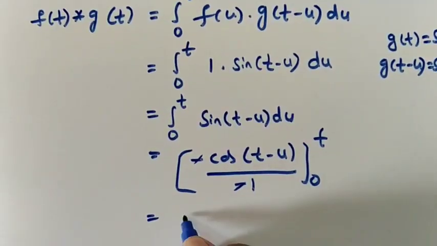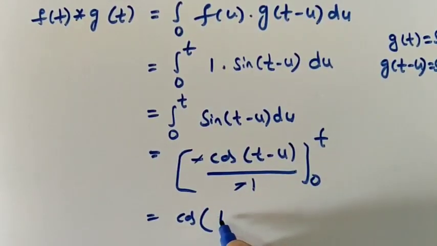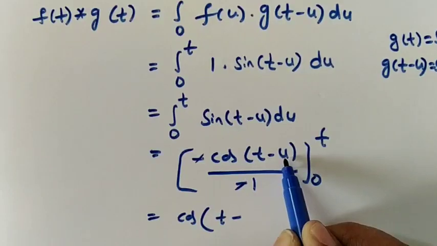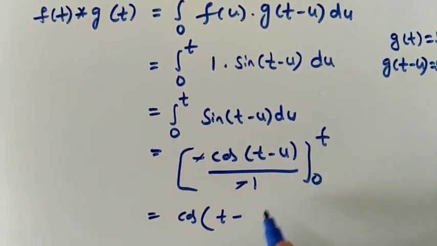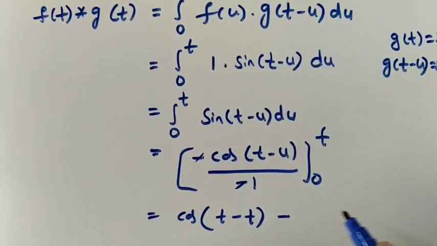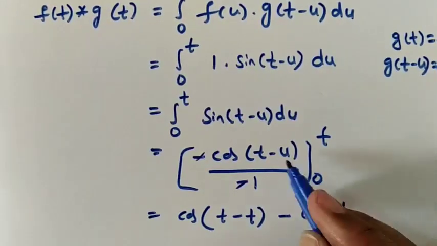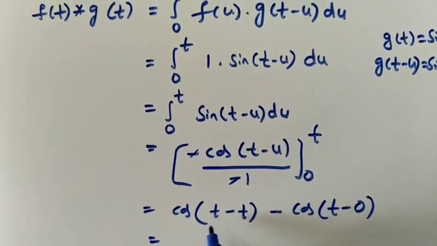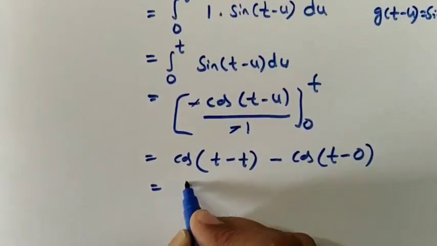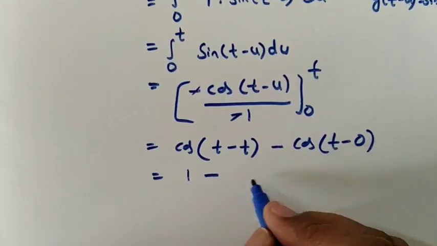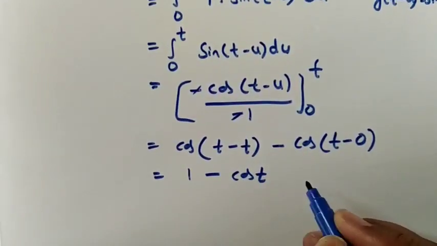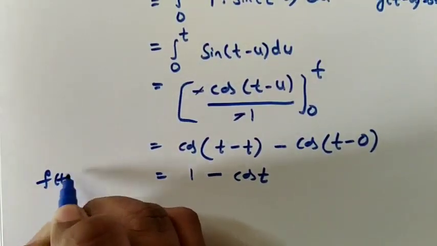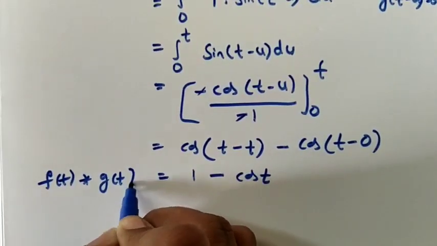So upper limit minus lower limit: with respect to u we have done, means you have to replace it. Upper limit is t, so cos of t minus t, minus lower limit cos of t minus 0. Cos of t minus t means cos 0 is 1, minus cos of t minus 0 is cos t. So this is f(t) star g(t) value, 1 minus cos t.